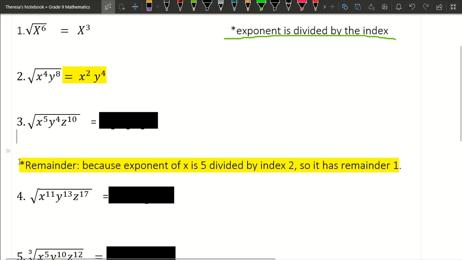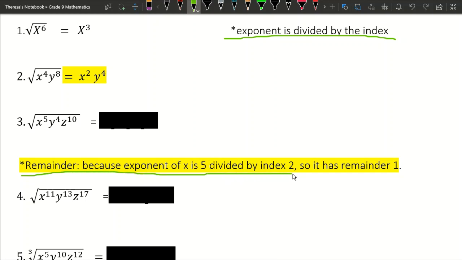So, remainder 1, because exponent of x is 5, i-divide natin siya sa index na 2, so it has remainder 1. So, ang mangyayari, ilalabas natin yung 5 divided by 2, so ibig sabihin, sa x raised to the 5th power, i-divide natin siya sa 2, meron siyang 2, right?